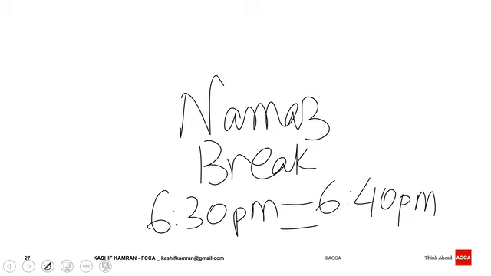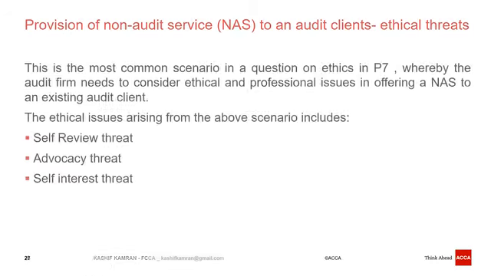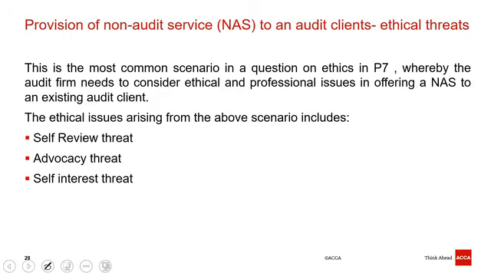I'm going back to the start of our discussion where we were. Now, we were discussing the ethical issues, and we were discussing that ethical issues in P7 can arise from offering a non-audit service to an existing audit client. Now, this has been a very common scenario, and I hope you are very assured of that, particularly those students who are appearing in P7 for the first attempt.